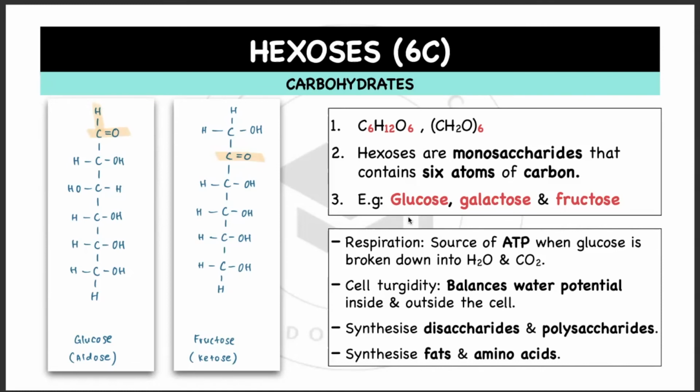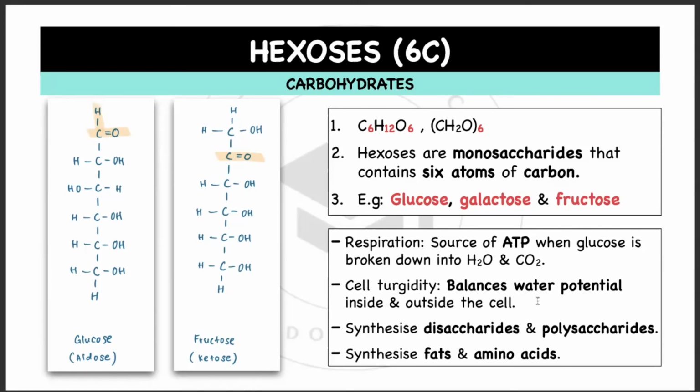Now, what are some of the functions of hexoses? They're used in respiration as a source of ATP. That's adenosine triphosphate. You will learn that in the subsequent chapters again. So these are just an introduction. Essentially, ATP is actually produced when glucose is broken down into water and carbon dioxide.